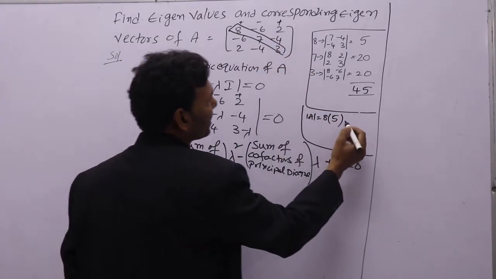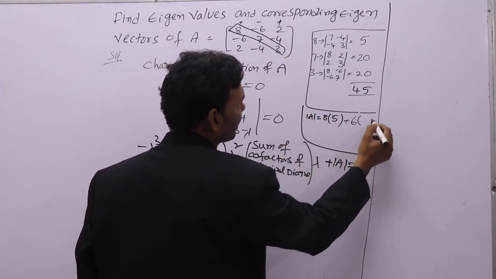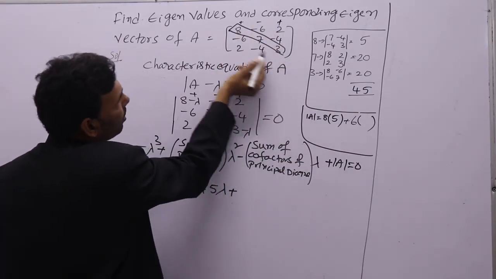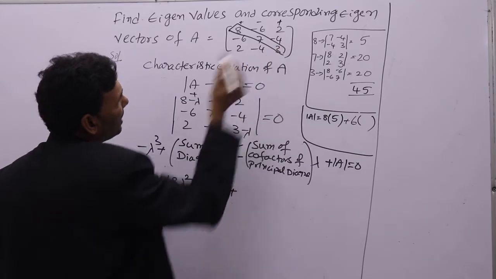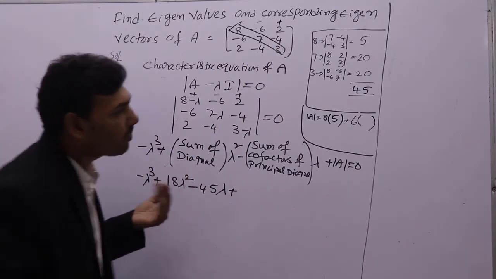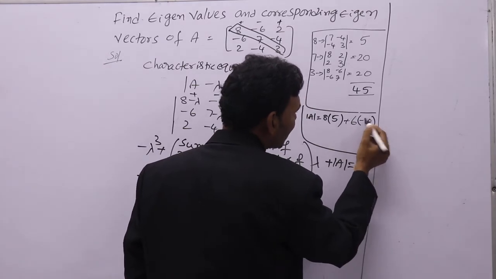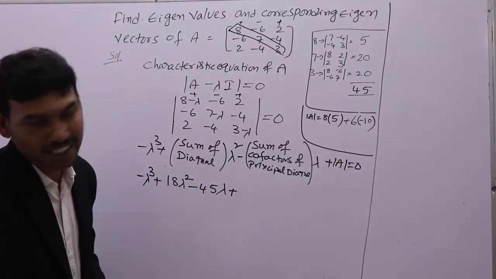Minus into minus, plus 6; 6's corresponding column and row are eliminated. Minus 18 plus 8, that is minus 10.